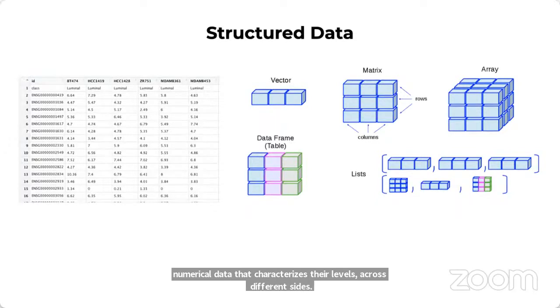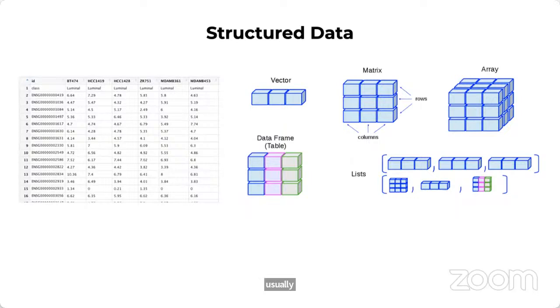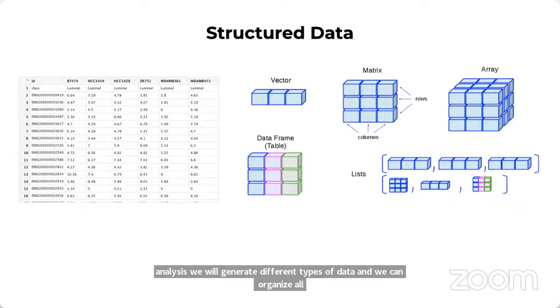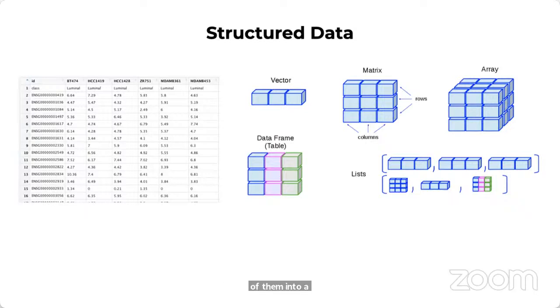And some other useful objects that are present in R is usually the list, which is just a kitchen sink of all the other types of data that we can put in. They are very useful because more often than not in our analysis, we will generate different types of data, and we can organize all of them into a list that can be used to load a variety of different types of data with a variety of different dimensions, which is not possible in the other types of objects, right?